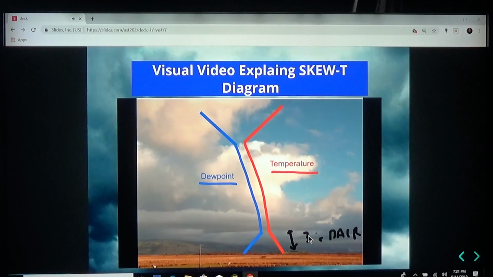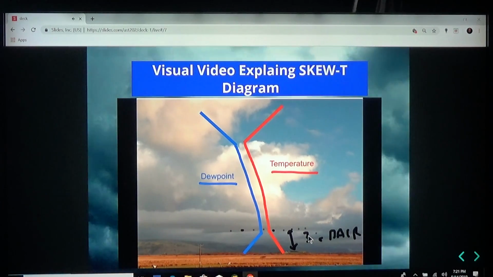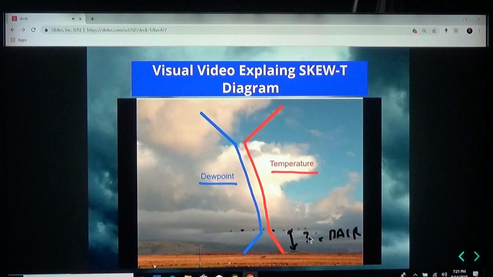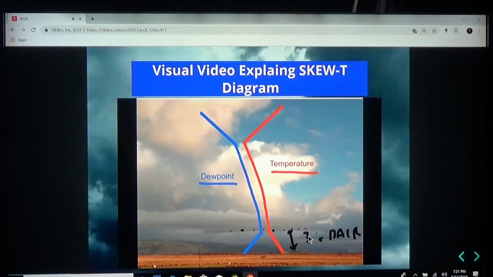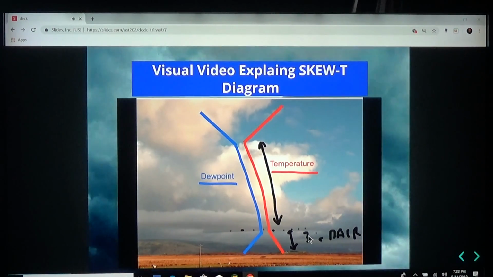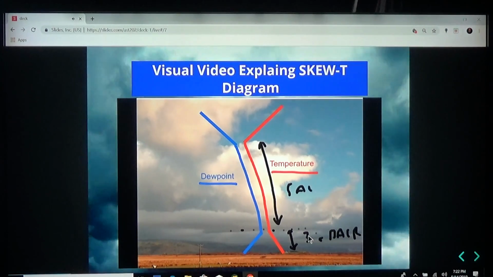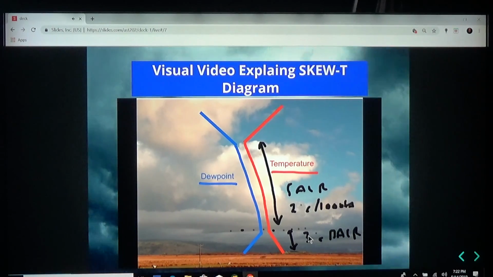Now, once it reaches this level, then the air condenses out. It's reached a temperature at which the atmosphere can no longer hold the water as water vapour, and then it cools at the saturated adiabatic lapse rate for this distance in here. So it's now cooling at the saturated adiabatic lapse rate, which is roughly 2 degrees Celsius per 1,000 feet.